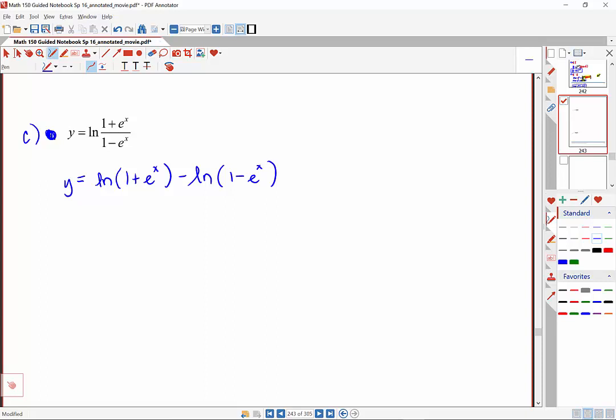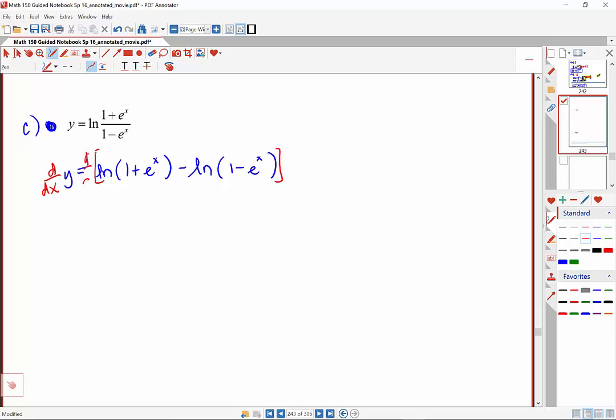Now, differentiating with respect to x, we'll have, good, y prime is equal to, perfect, so just to remind you, d dx of our 1 plus e to the x, and that's going to be over 1 plus e to the x.